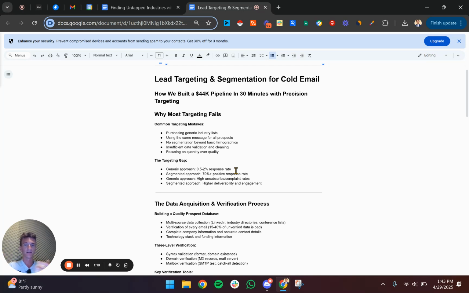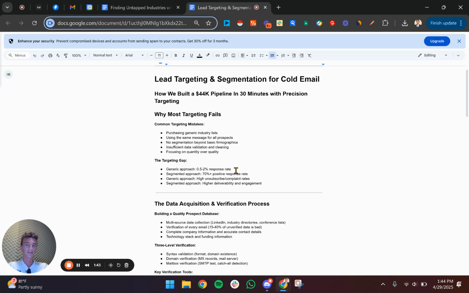But a lot of people make the mistake of basically finding these generic industry lists on larger databases, for example, like Apollo or ZoomInfo, or maybe a lead reseller, where there's just not a lot of context within what you can actually be saying and personalizing for all these pain points.